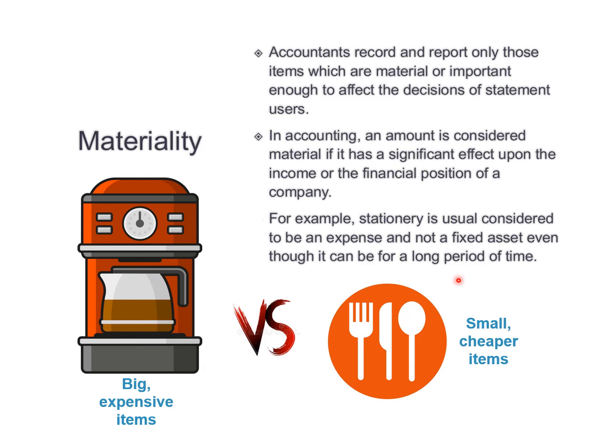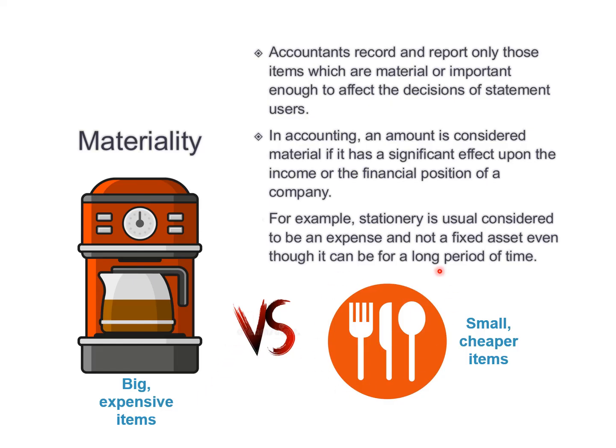So usually material versus immaterial, yang tak material ni, kita boleh tengok daripada assets, asset ataupun belanja. Okay. So kalau you tengok kat sini, dalam gambar sini ada coffee maker, that is a big and expensive item. Sometimes it is small but expensive. So asset juga. But if it's big and expensive, it is also asset.